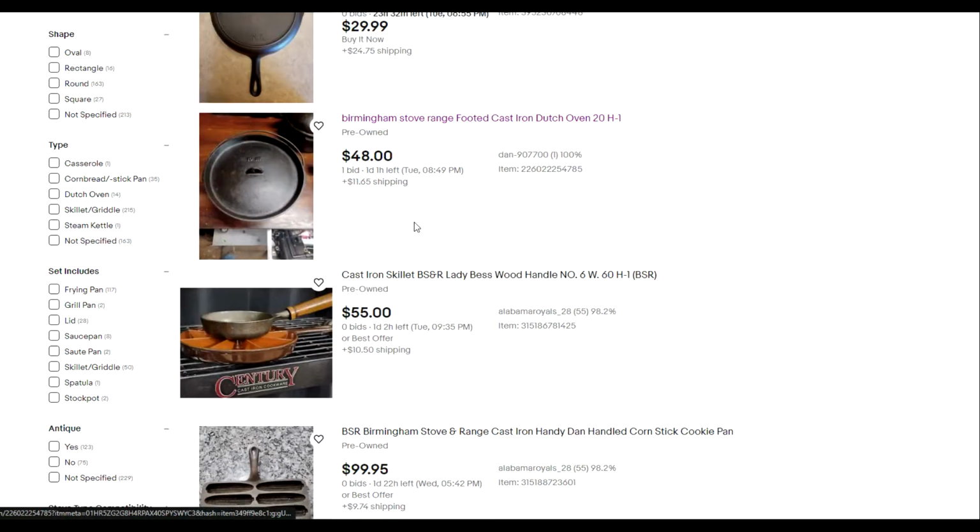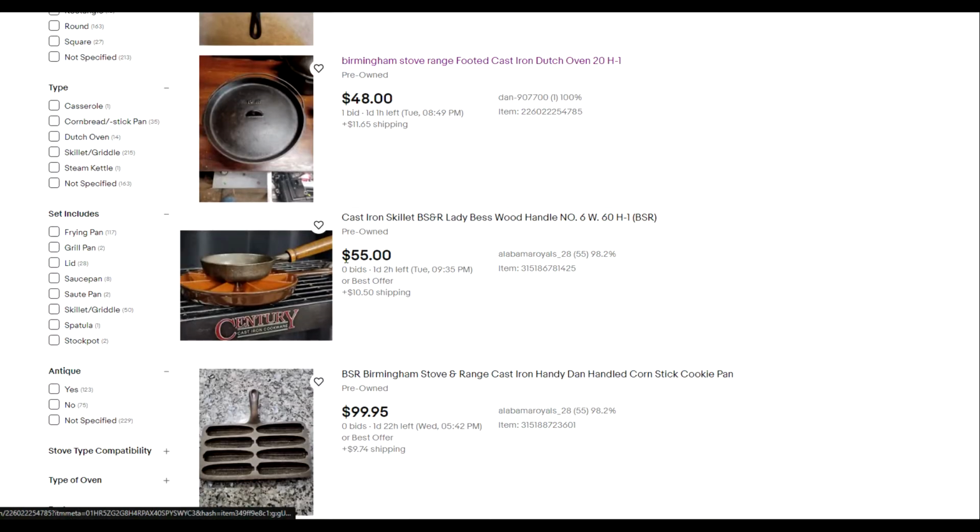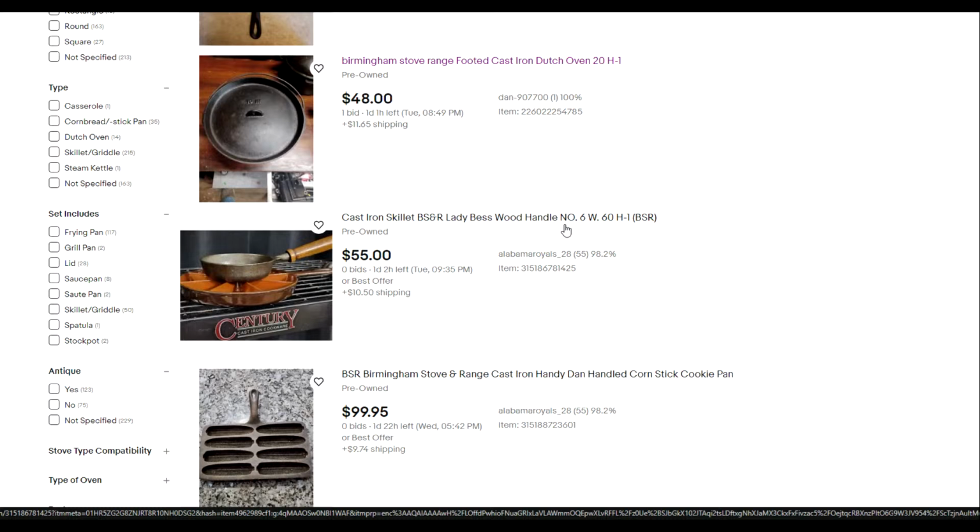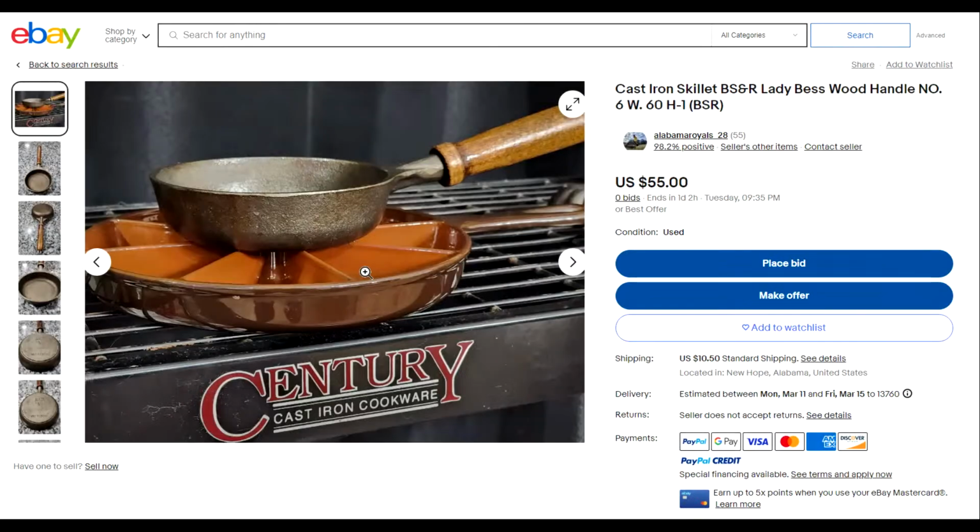If we look further down, there's an interesting one: a Lady Best wooden handle number 6, which remember is a 6-inch Lady Best cast iron skillet. You may remember I actually unboxed one of these myself, and I've used it a few times.